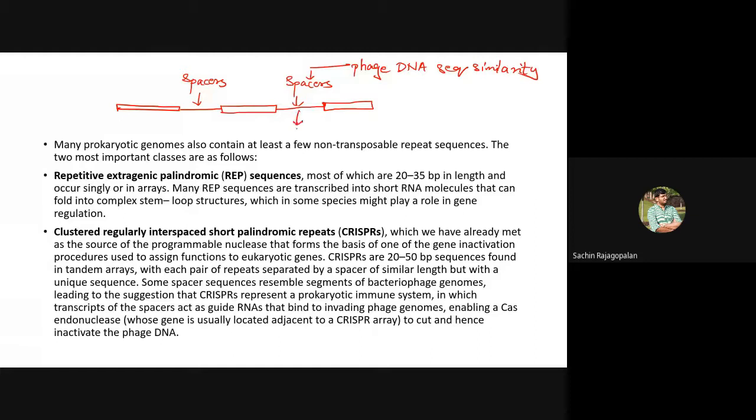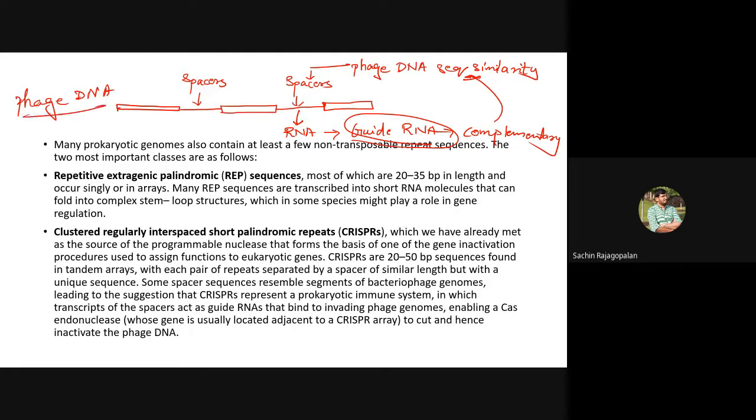These spacers, when transcribed, will give me RNA molecules which I call guide RNAs, because their sequence is going to be complementary to my phage DNA sequences. So this will help me recognize where the phage DNA is, because as they are complementary, they can go and have a temporary linkage or hybridization to the phage DNA, which then enables a set of proteins called Cas proteins.